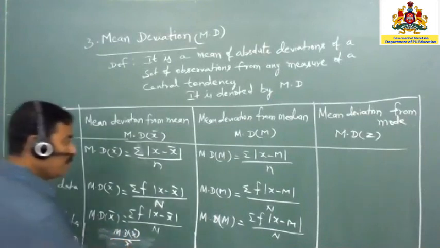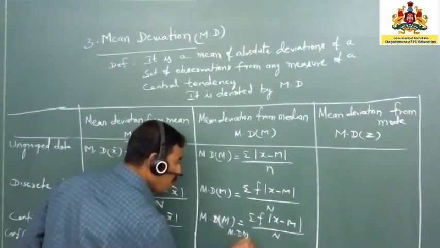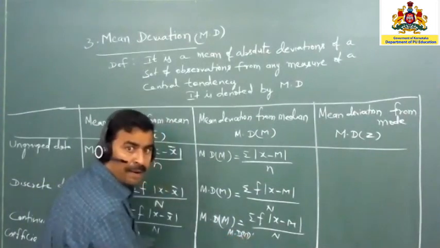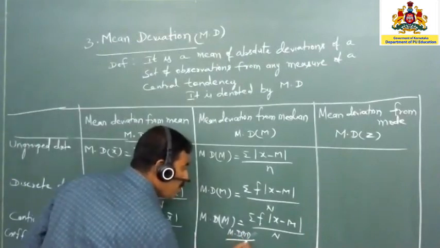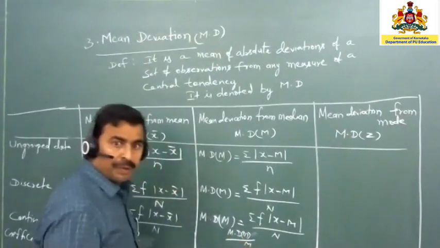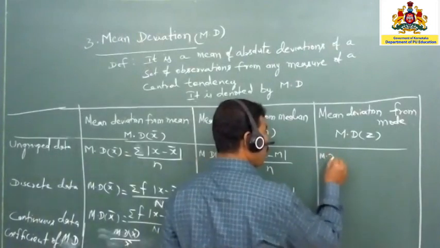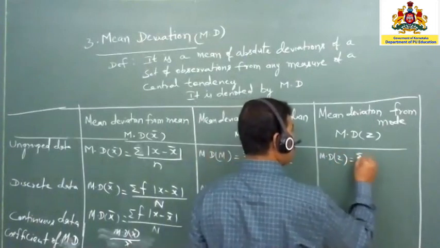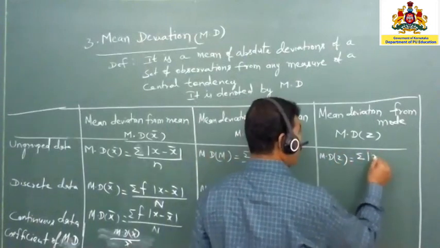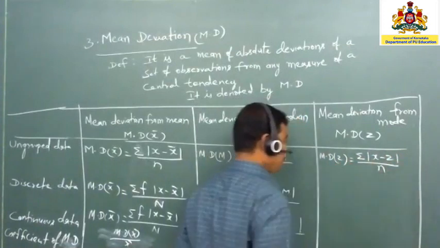Similarly, coefficient of mean deviation from median is mean deviation from median by median. Here similarly, mean deviation from mode is summation modulus of x minus Z by n.